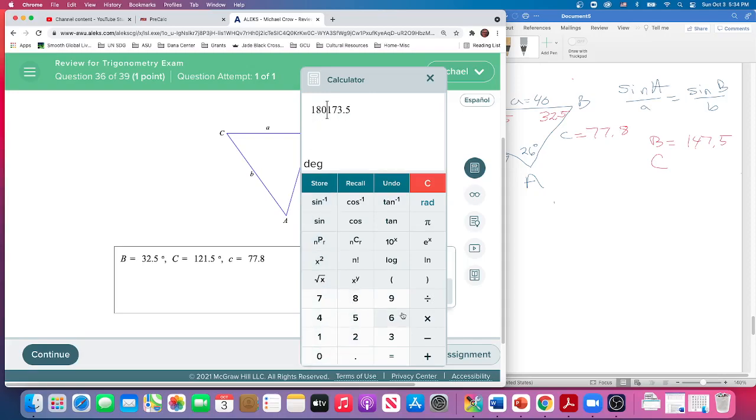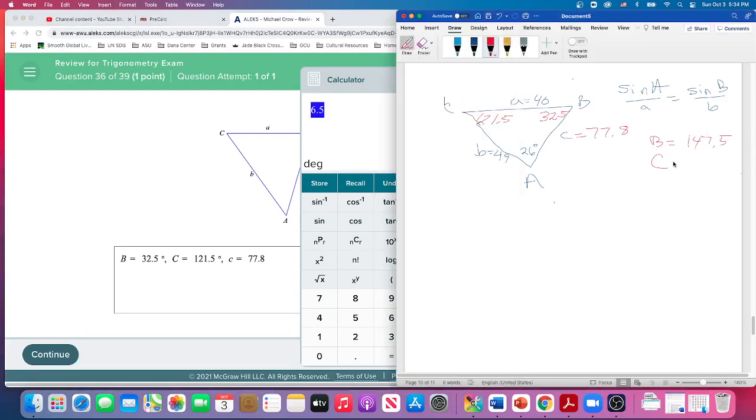We take 180 minus that to see if there's enough room, and there is. So C would be 6.5.